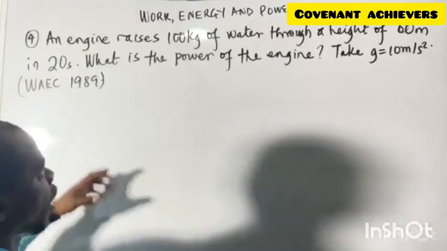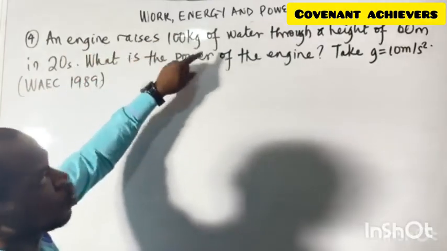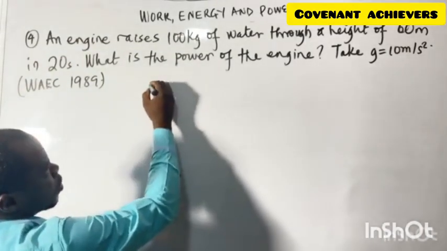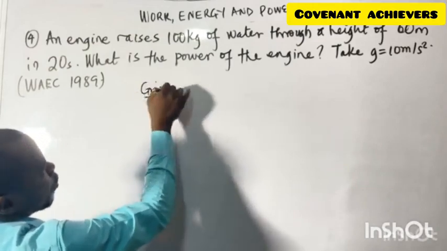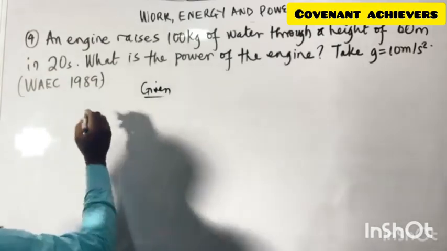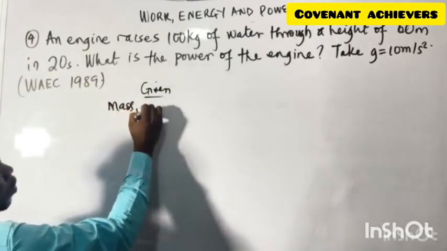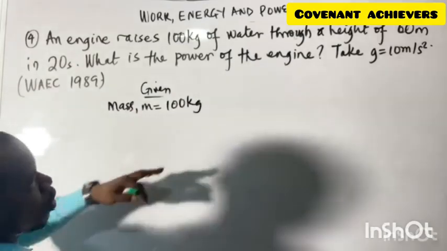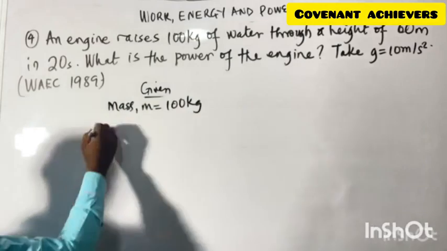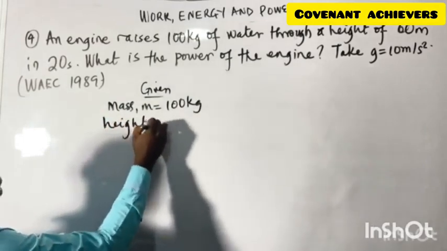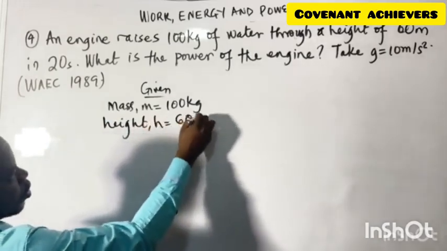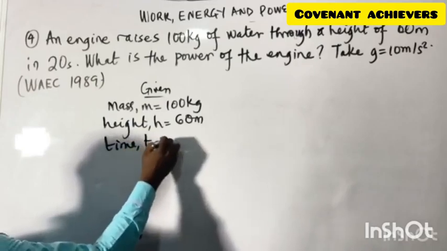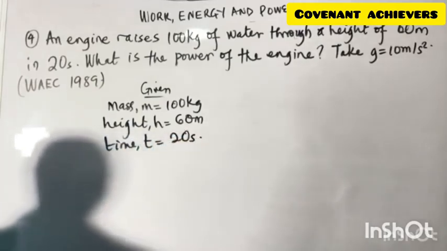An engine raises 100 kilogram of water through a height of 60 meters in 20 seconds. What is the power of the engine? Let's begin to state the parameters. We are given the mass, M is equal to 100 kilogram of water. The height h is 60 meters, in time t equals 20 seconds.